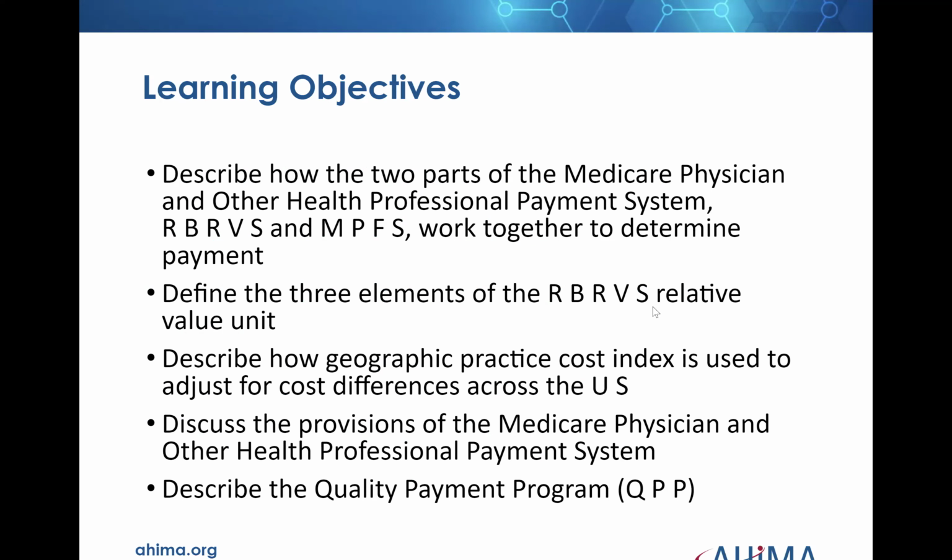And then we're going to be looking at how these things are adjusted using the geographic practice cost index. Then finally, we'll look at different provisions of the Medicare physician payment system, and we'll talk about the quality payment programs that are becoming more and more involved and more common in terms of reimbursement with Medicare patients.